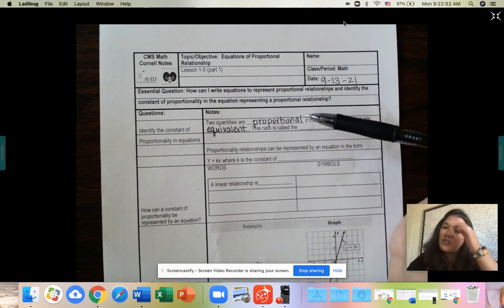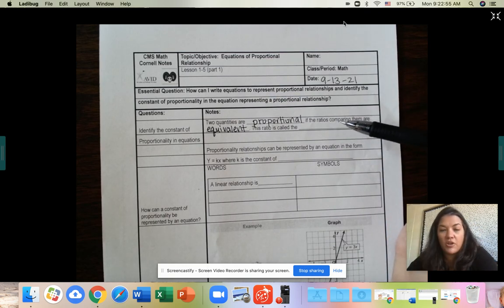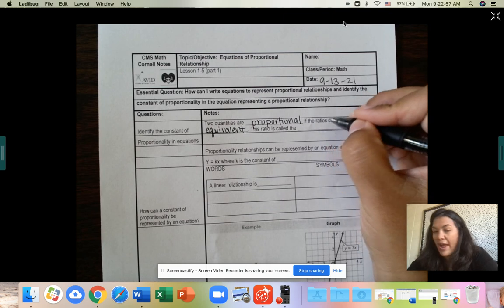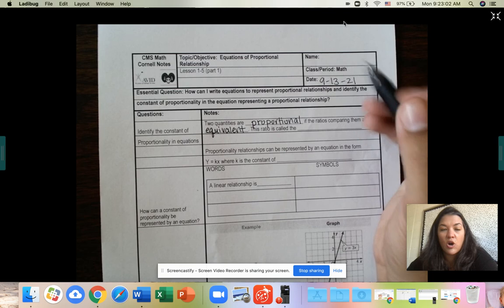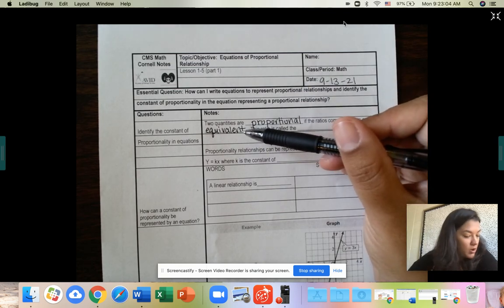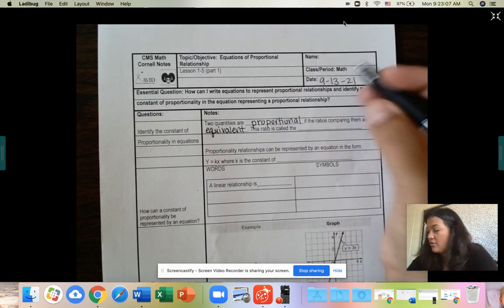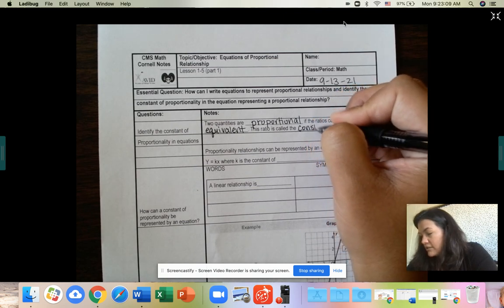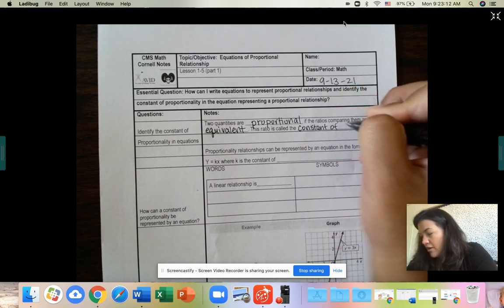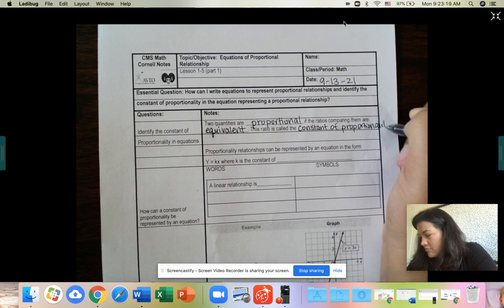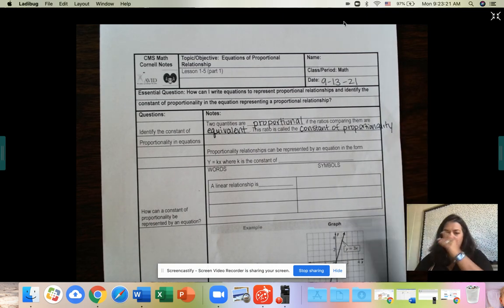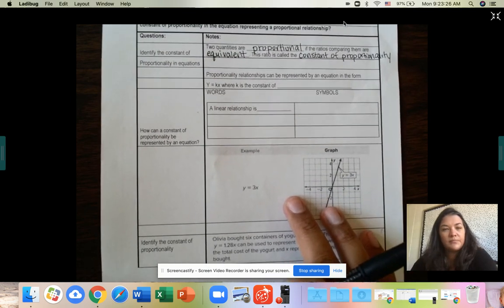So two quantities are proportional if the ratios, and remember a ratio is a fraction, we'll talk about that in a second, if the ratios comparing them are equivalent or equal, the ratio is called the constant of proportionality.